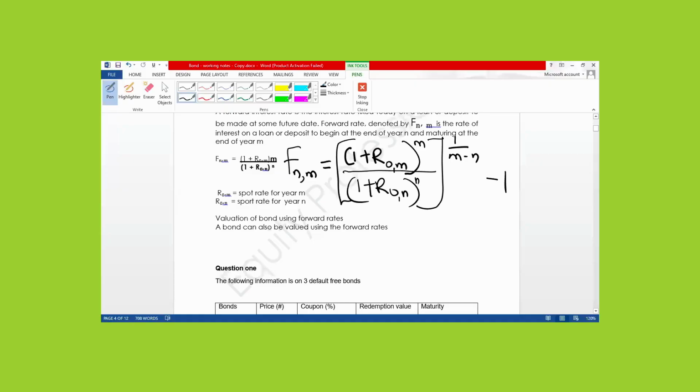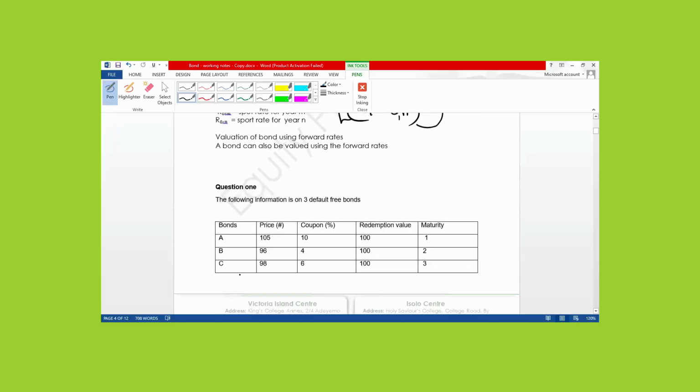Price of bond B, 96 naira. Coupon is 4%. Redemption is 100. Maturity is 2 years.